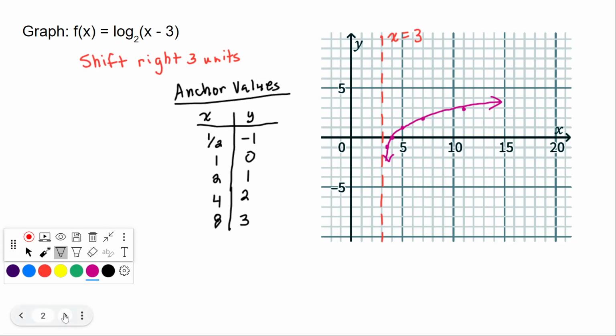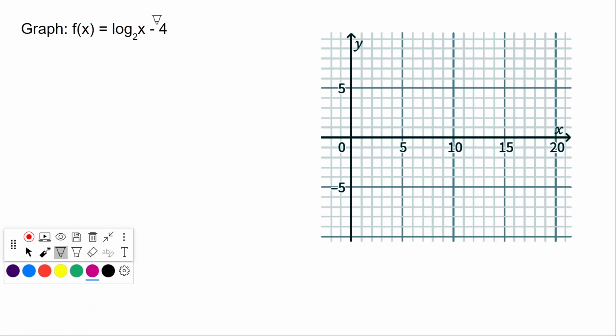Let's take a look at our next graph. Here we're subtracting 4 after we evaluate the logarithm. That's going to be a shift down 4 units. What that means is our x-axis is going to shift down 4 units as well.